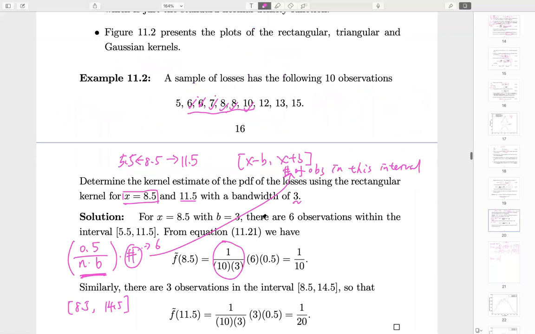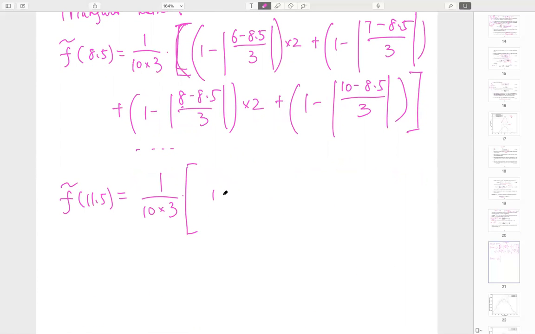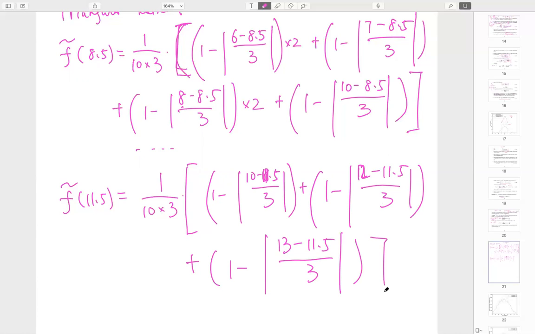All the points for 11.5, we have 10, 12, and 13. 10 minus 11.5 divided by 3, plus 1 minus 12 minus 11.5 divided by 3. And finally, we have 13 minus our x divided by 3. So this is how we apply a triangular kernel.